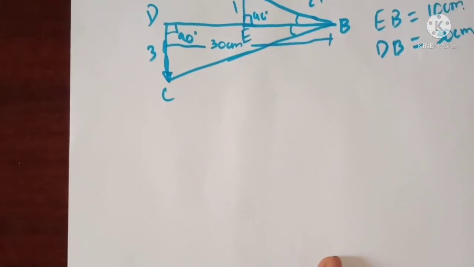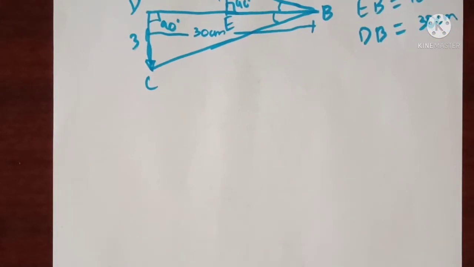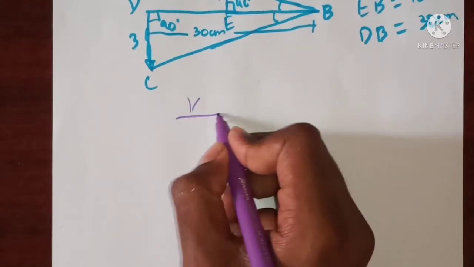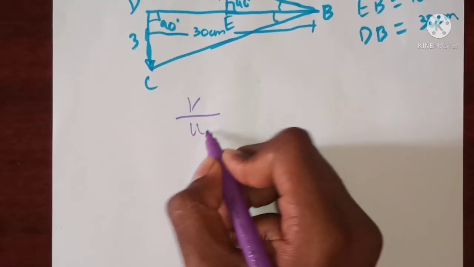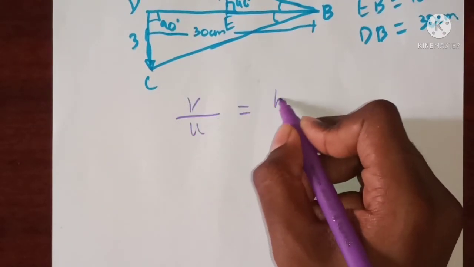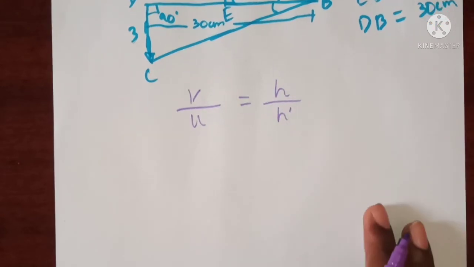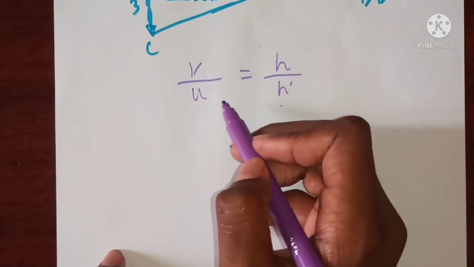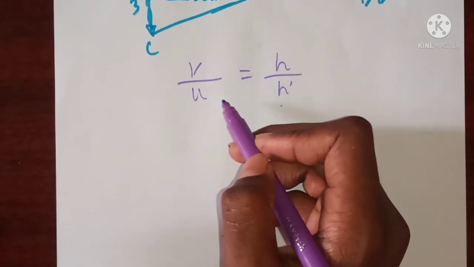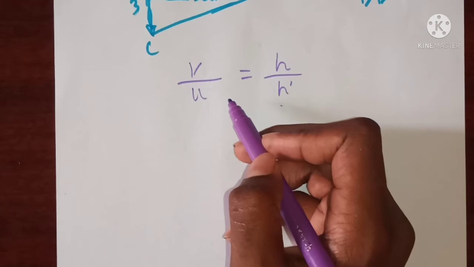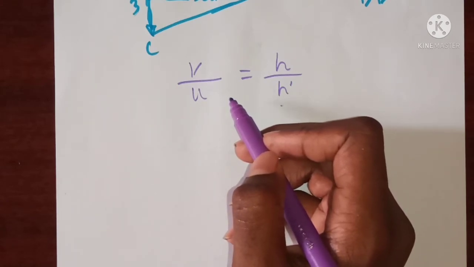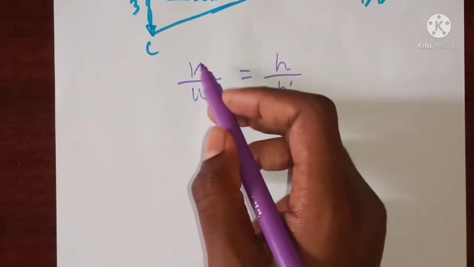Okay, let's prove this using the formula, that is image distance by object distance is equal to image height by object height. So what is the image distance in this case? We don't know. We want to find the image distance, because they are asking in the question where the image is located.